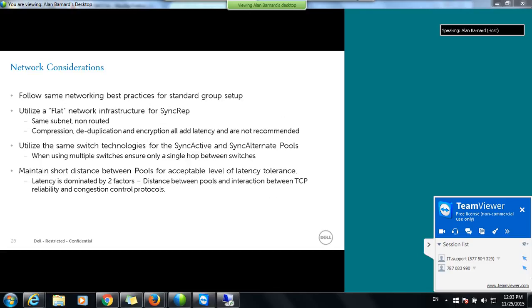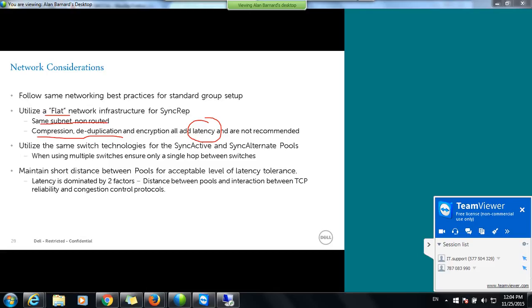Network considerations: flat network, same subnet, not routed. Compression, deduplication, and encryption add latency. Again, keyword latency, they are not recommended. Utilize the same switch technologies for the sync active and sync alternate pools. Makes sense.